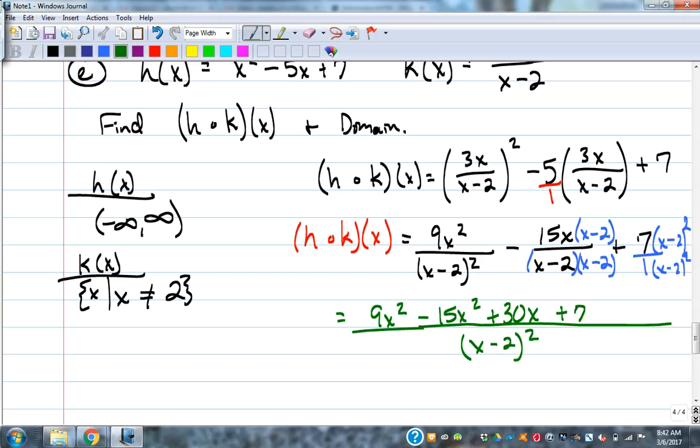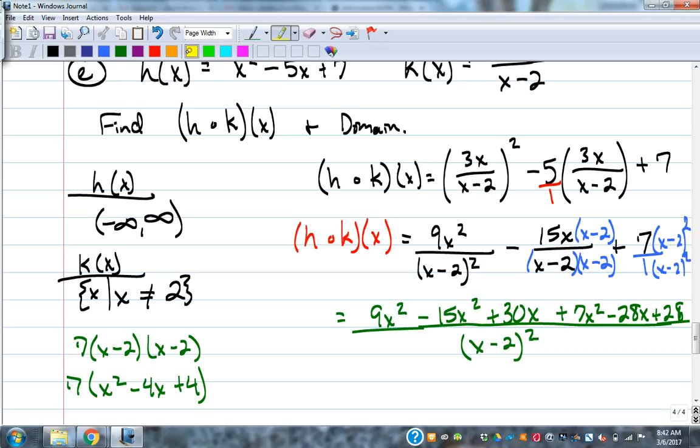So that's 7x squared minus 28x plus 28. That's coming from 7 times x minus 2 times x minus 2. That's x squared minus 4x plus 4 times 7. That's where that's coming from. I just did that in my head. Do it off on the side or somewhere.